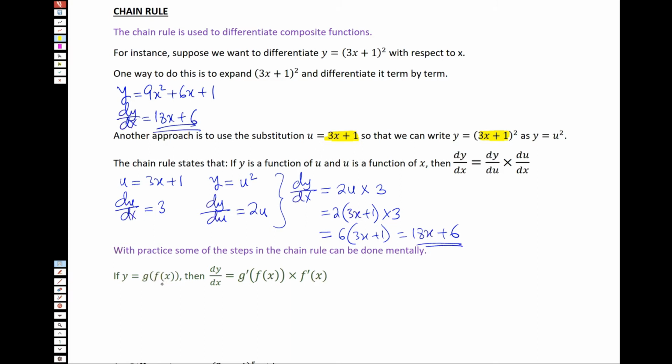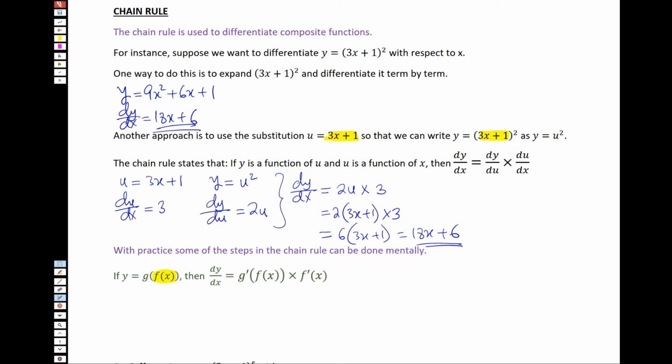So in this case, f of x is a function that's inside g. So g takes the results of f of x, and therefore we have a composite function. So basically, if you want to differentiate this function, one way to do it is you differentiate the outside function, which is g, and then the inside function, which is f.